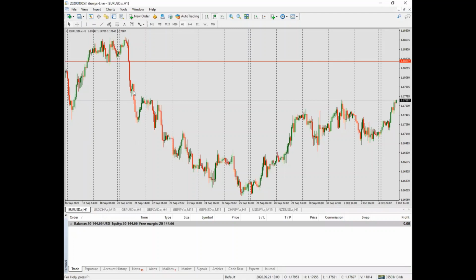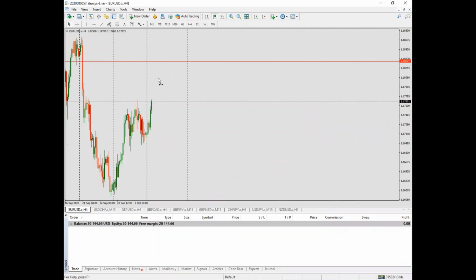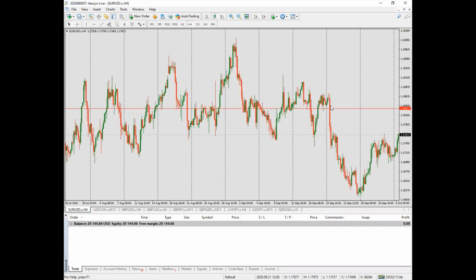But I would say that the price already checked this supply here, and it's a supply that can delay the price for a while. But in the end, I do believe that the price will reach that level above. So this is where I will look for a sell position as a long-term or swing trader.